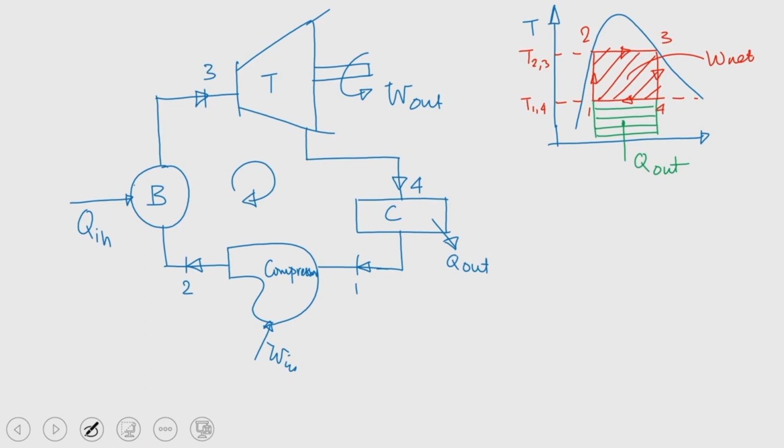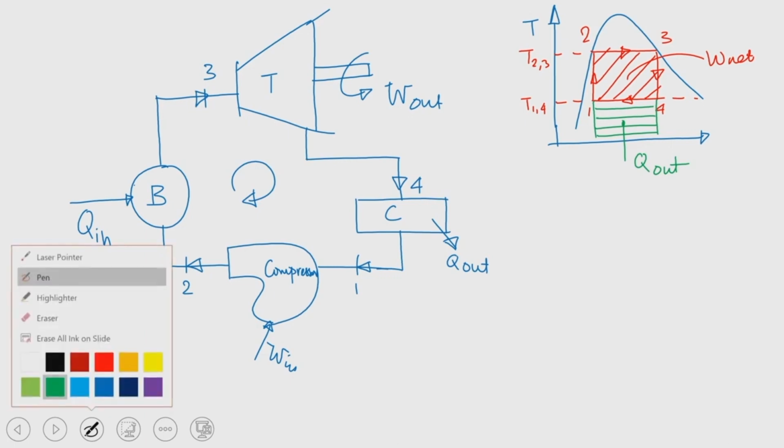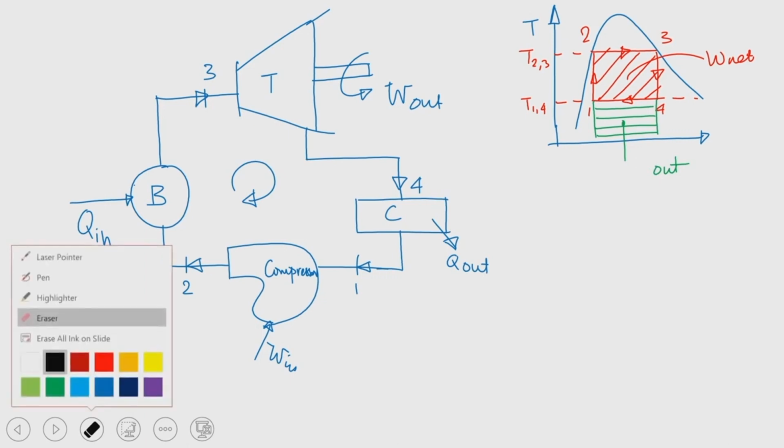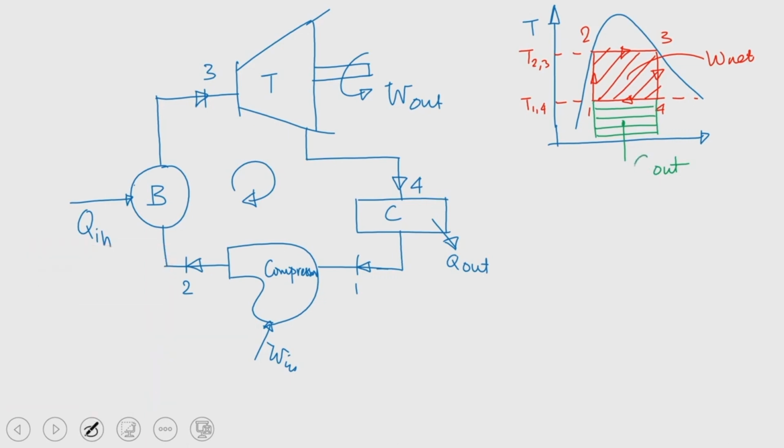Of course, I should write in the specific form. So, this is Q out, and this is S. I am not going to discuss it again.